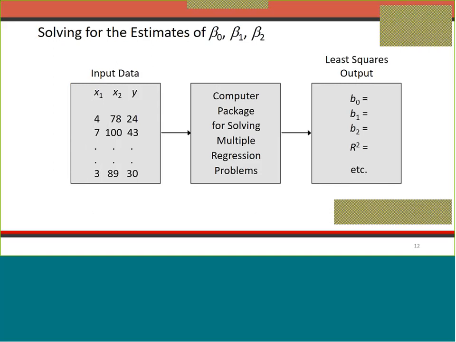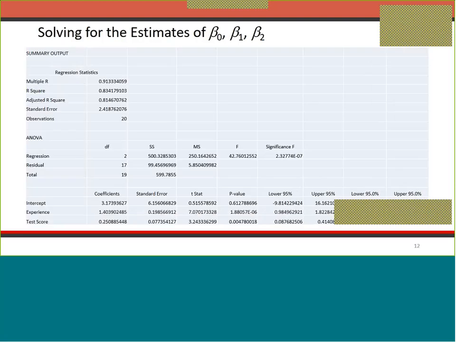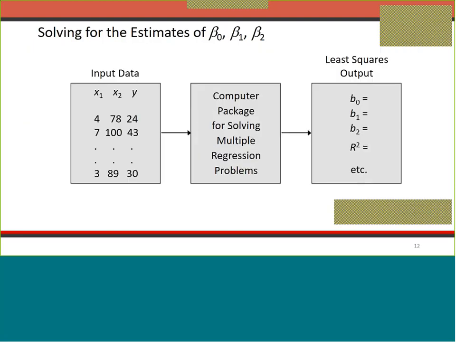Then we use a computer package for solving multiple regression problems. The outputs are simple. You will get b0, b1, b2, as well as the coefficient of determination, sample correlation coefficient, and so forth. Everything you will get. So let us see how to do this.